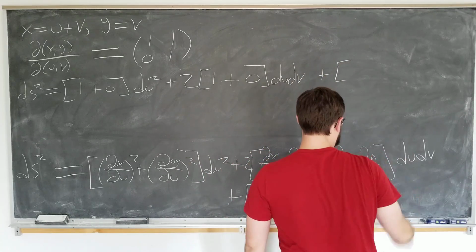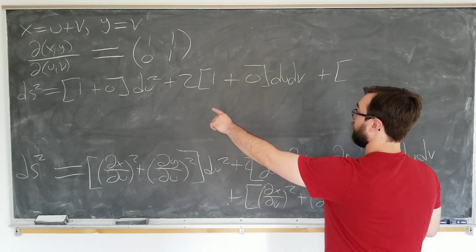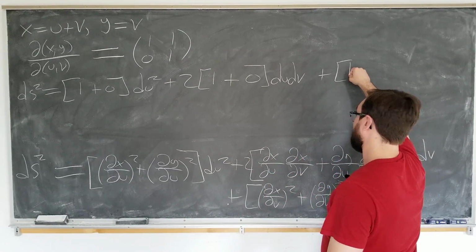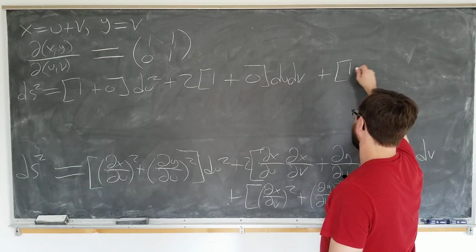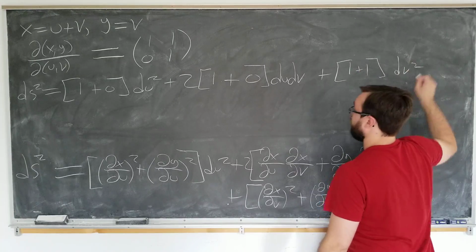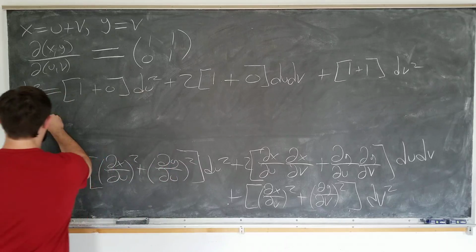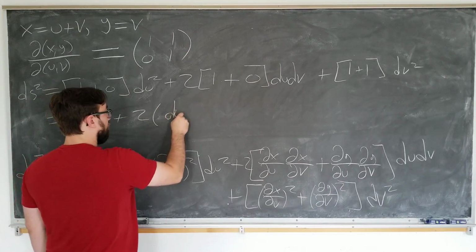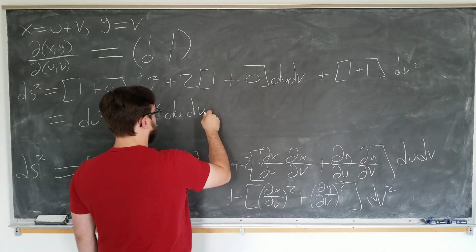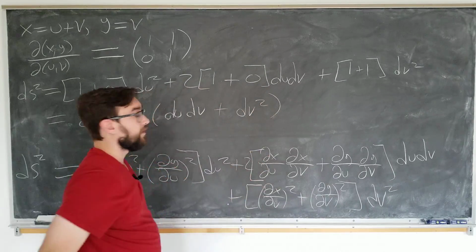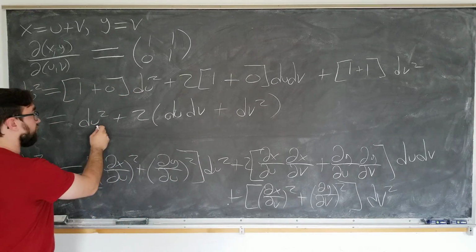And last term, we have dx by dv, which is 1. And we also have dy by dv, which is 1 as well. Simplifying this, we obtain our final result, du squared plus 2 du dv plus dv squared. And we do see that we have an off-diagonal element here.